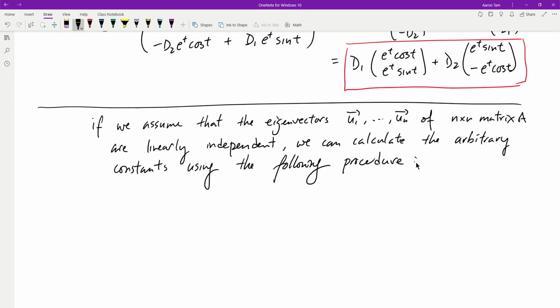This procedure will allow us to actually solve a system of differential equations using eigenvalues and eigenvectors properly.